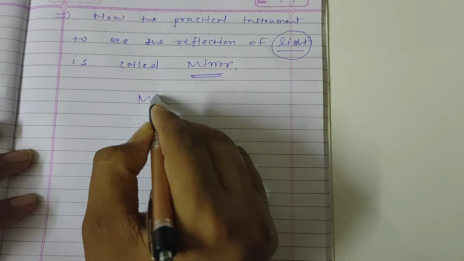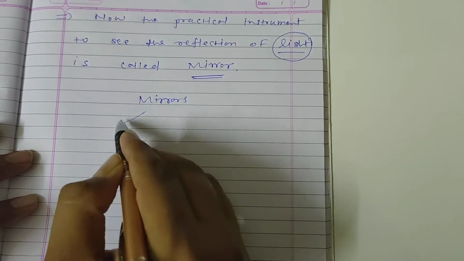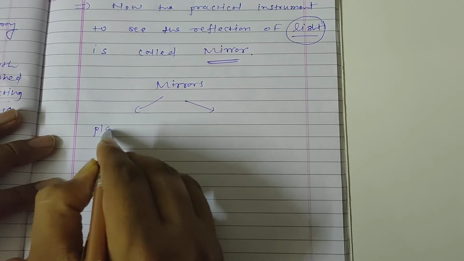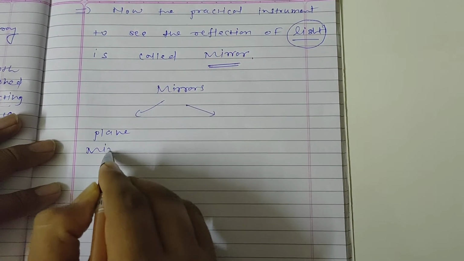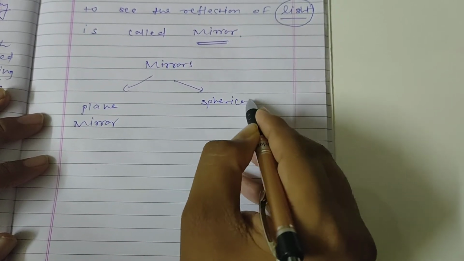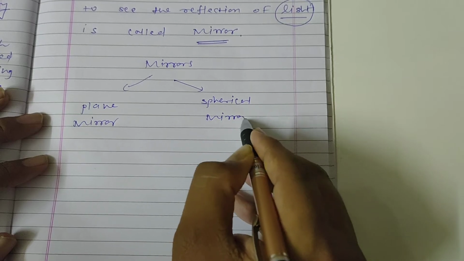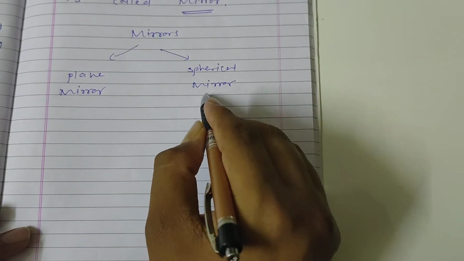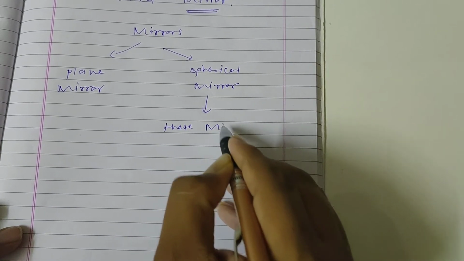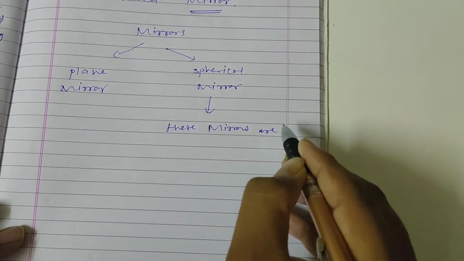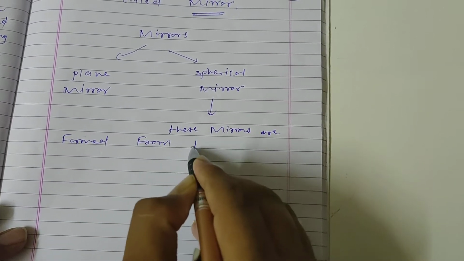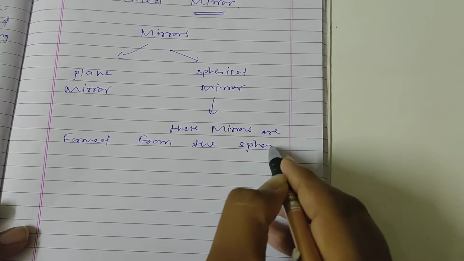Mirrors are divided into two categories. First of all, the first mirror is plane mirror, and the second one is spherical mirror. Spherical mirrors are formed from the spherical glass surface.